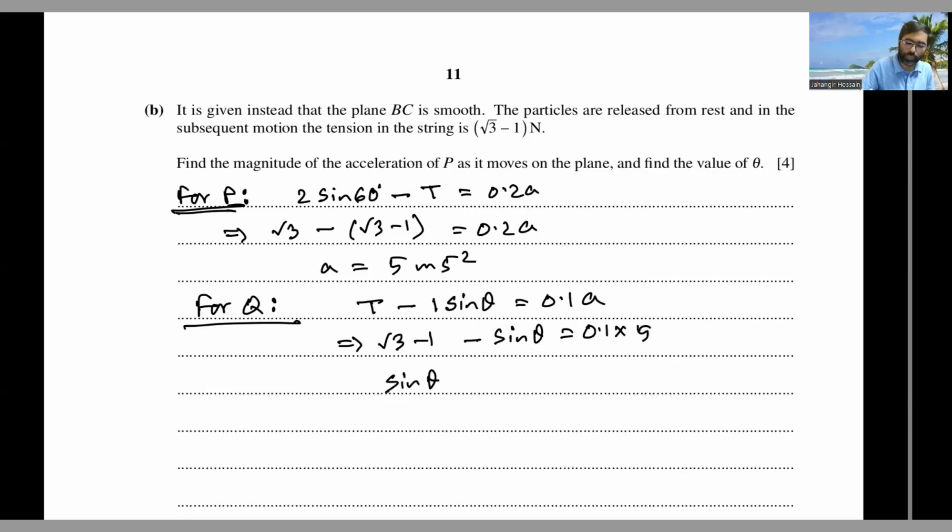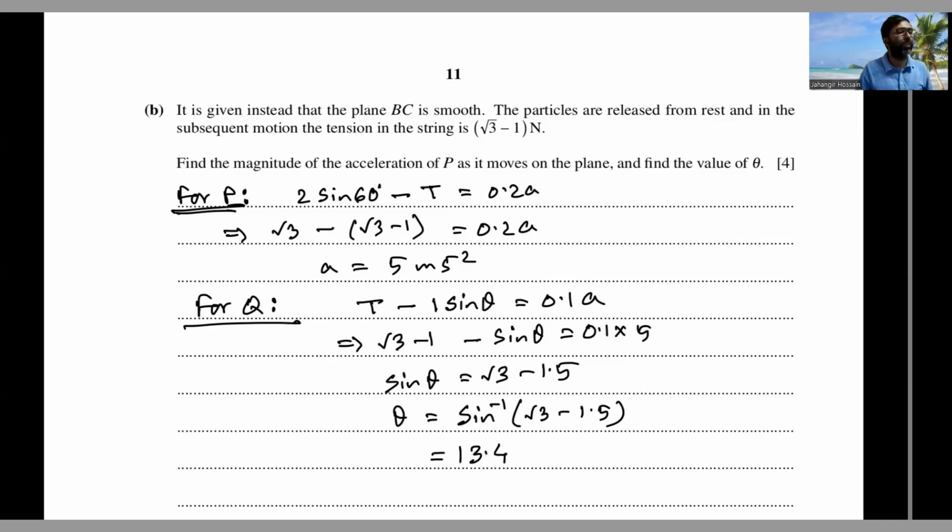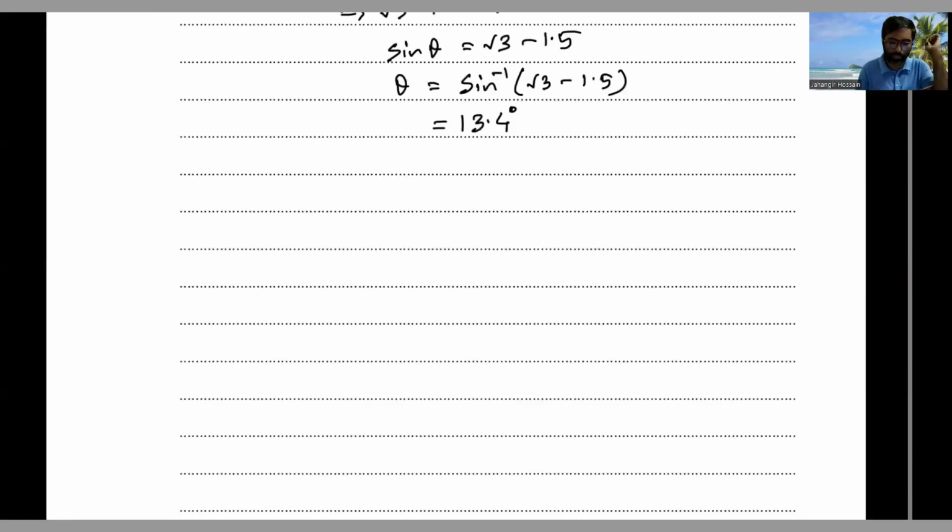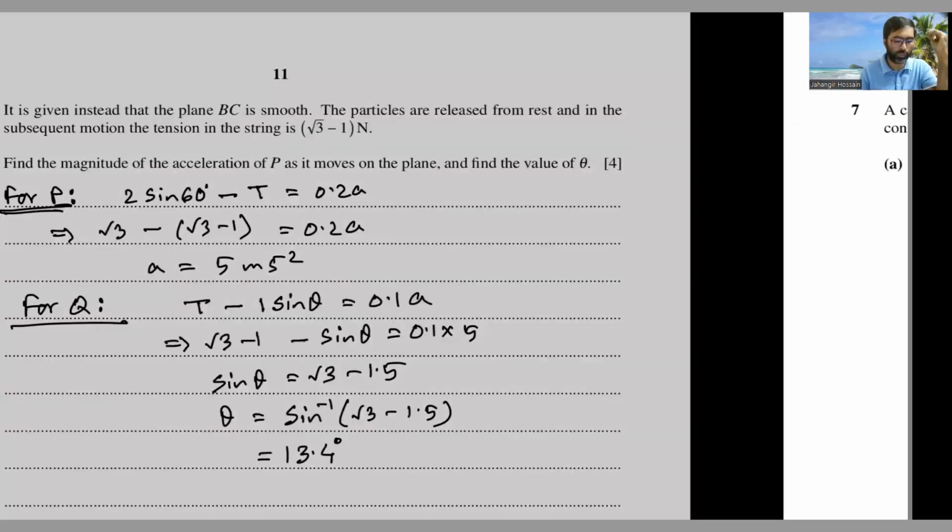Sin theta equals root 3 minus 1.5, which gives theta equal to sin inverse of that, which is 13.4 degrees to one decimal place. That's it. So that's part B of this question. Now let's move on to the next.